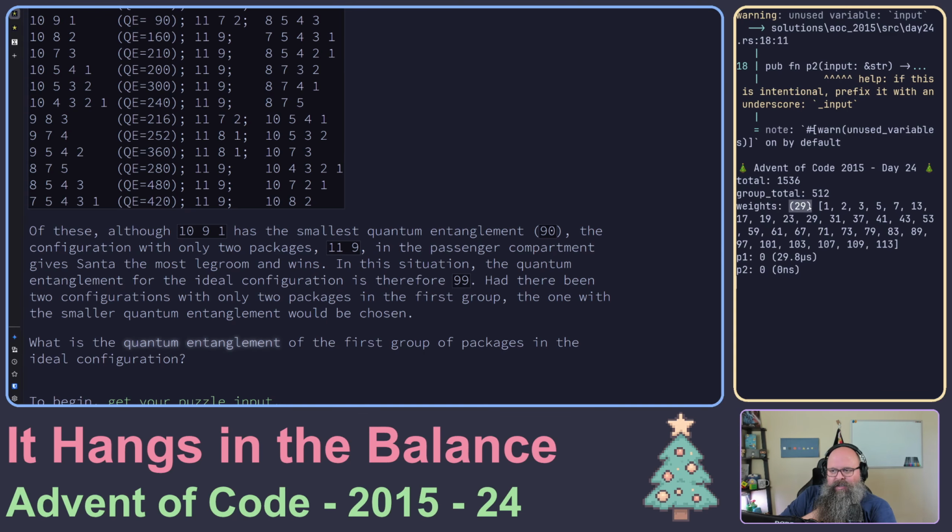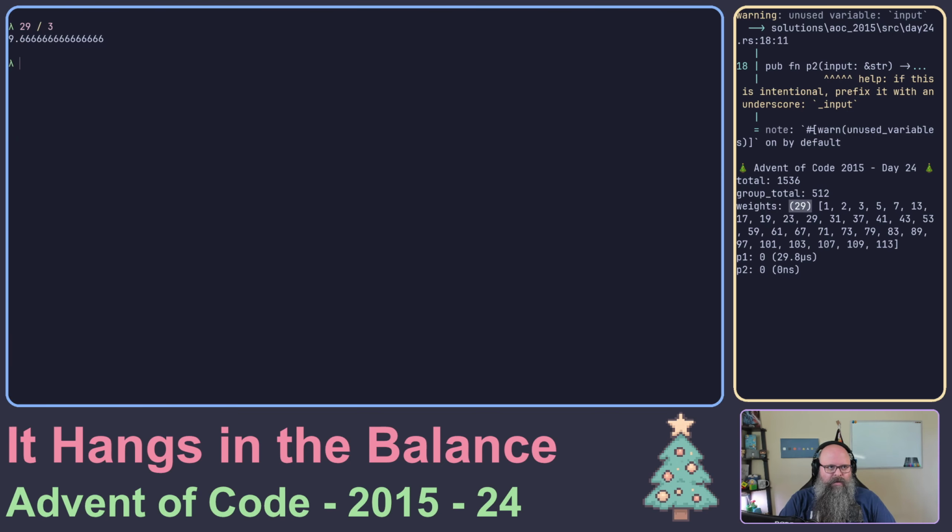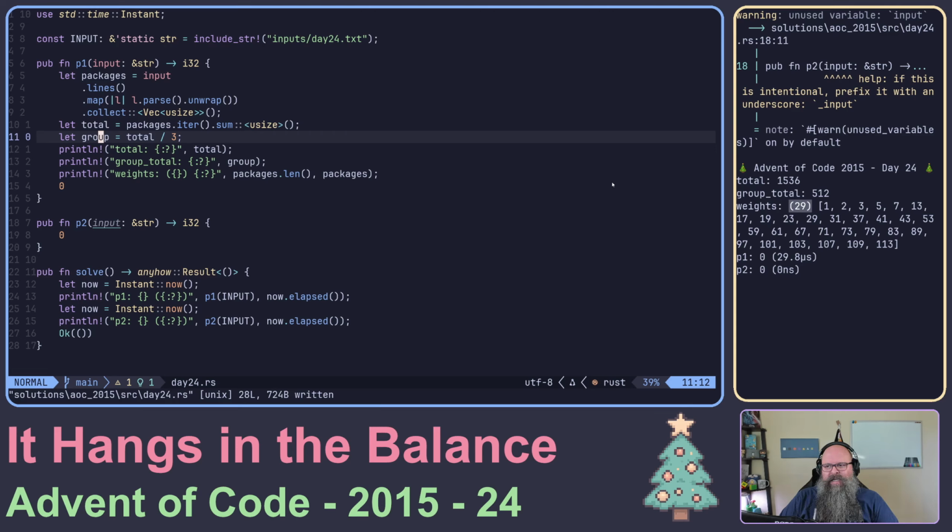So 10. I mean, 10 factorial is still a lot, but that does give us a range. So we know we can start at 4 and then go to 10 to try and figure it out.